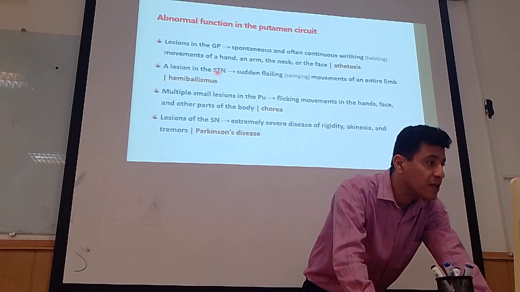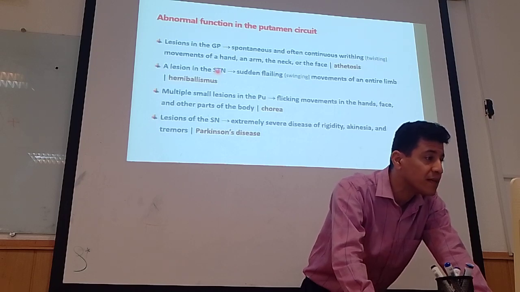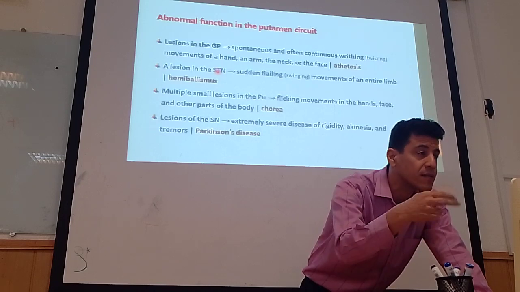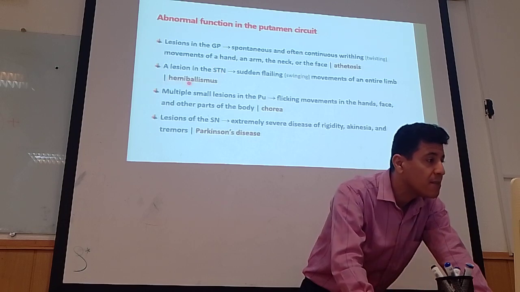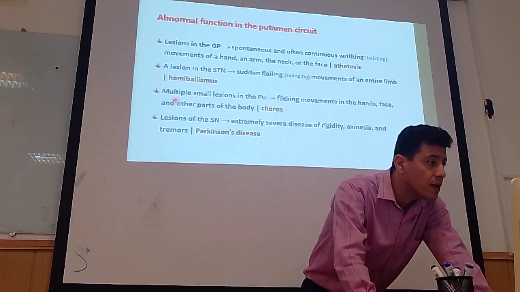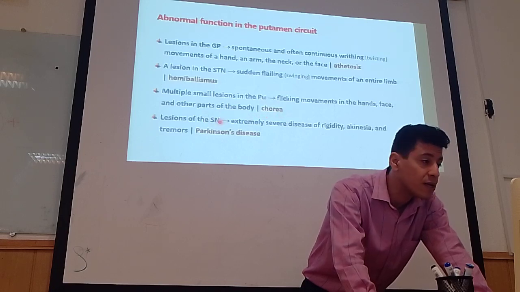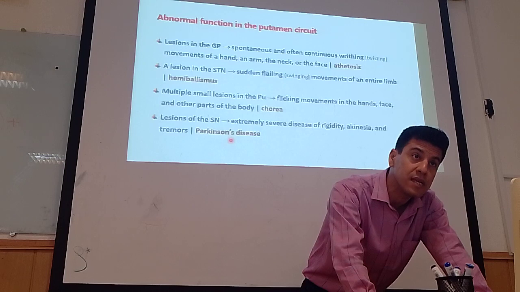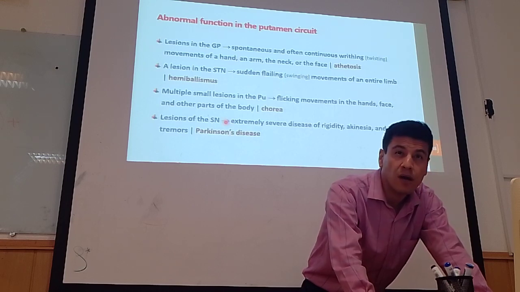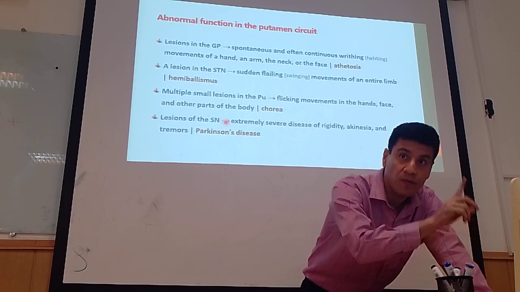Lesion in the subthalamic nucleus causes flailing movements, like swinging movements. Okay? Lesions in the putamen cause flicking movements in the hand, face, and other parts. We call this chorea. Lesion in the substantia nigra causes Parkinson's disease. Okay? So I have some videos I'll show you at the end of this class about these.